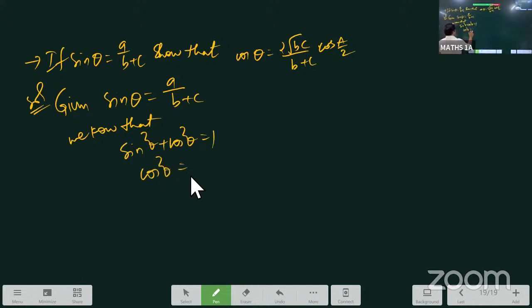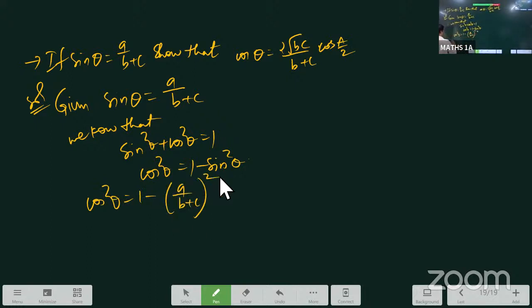So cos square theta equal to 1 minus sin square theta, that is 1 minus a by b plus c whole square. So cos square theta equal to 1 minus a square by b plus c whole square.